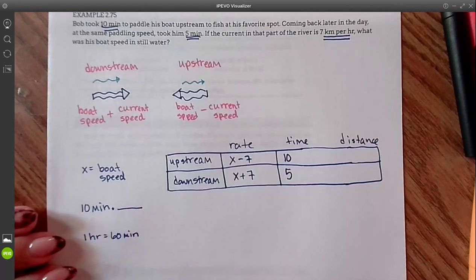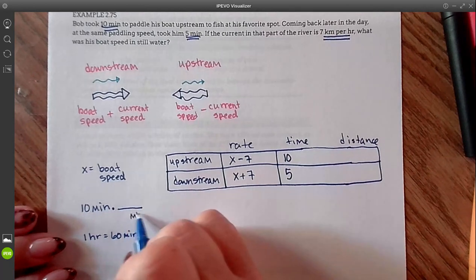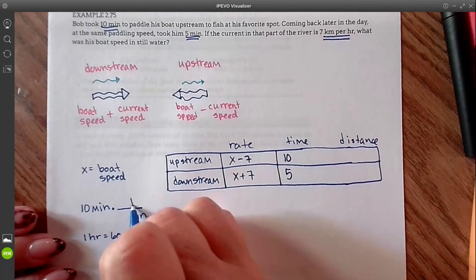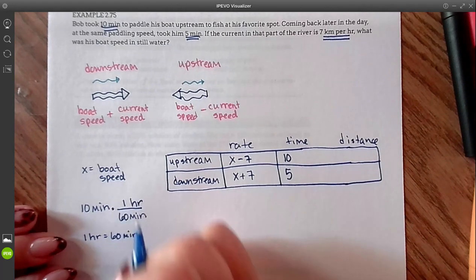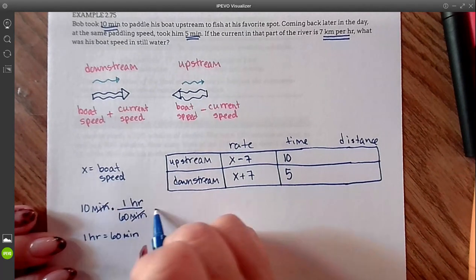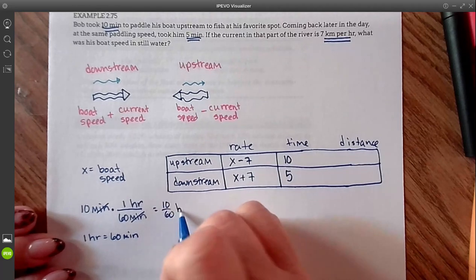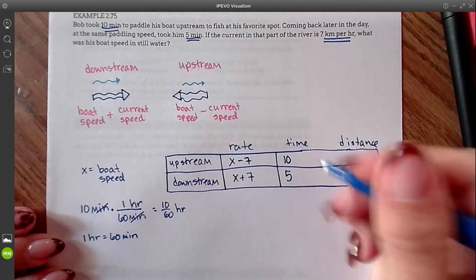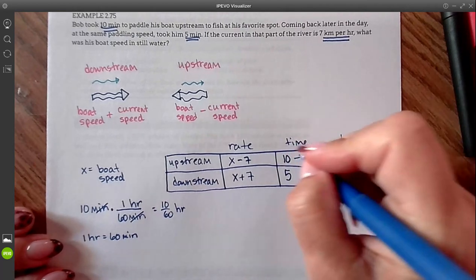So when I put that fence and rail in, I need my minutes to cancel, so that's going to go in the denominator. Hours will stay, so I'm going to put 60 minutes, 1 hour. The minutes cancel out, multiply across, I get 10 over 60 hours, which would simplify to 1/6, but I'm just going to leave it as 10 over 60.